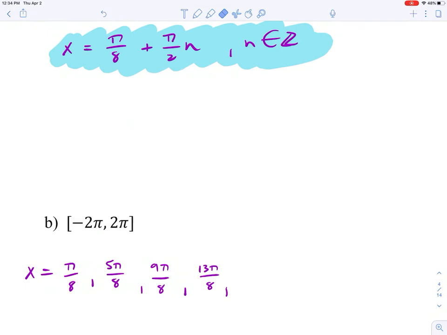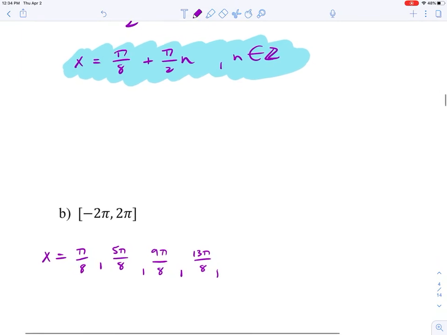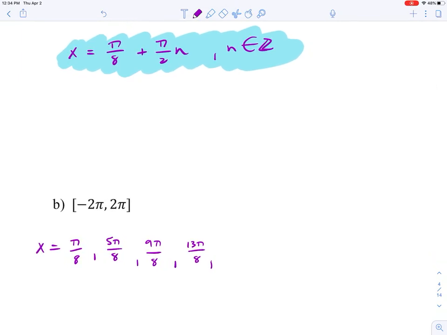Now I want to look at using negative values for n. If n were equal to negative 1, that would be pi over 8 minus pi over 2, or minus 4 pi over 8, which would be negative 3 pi over 8.